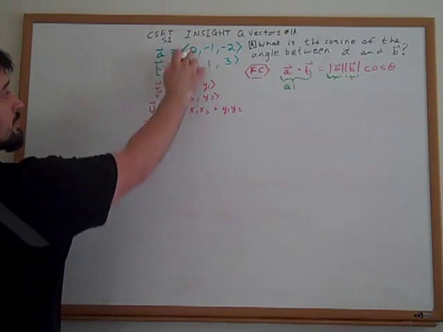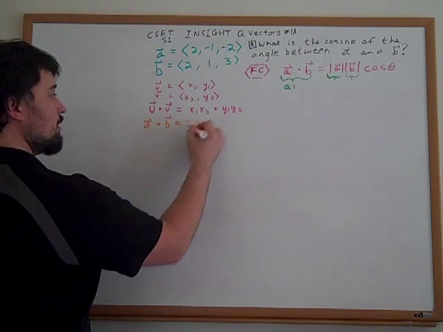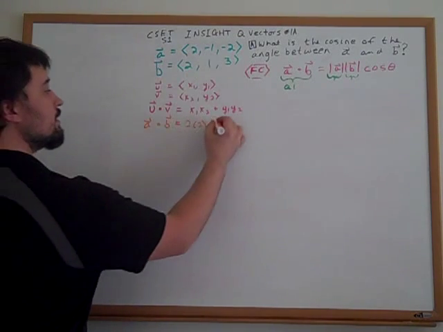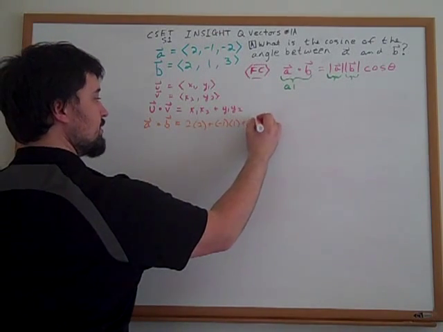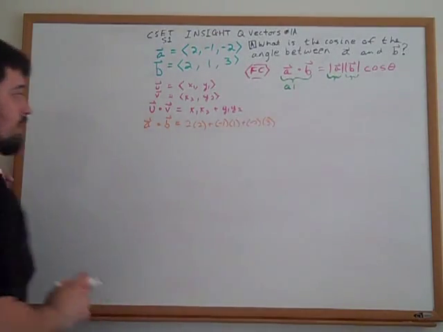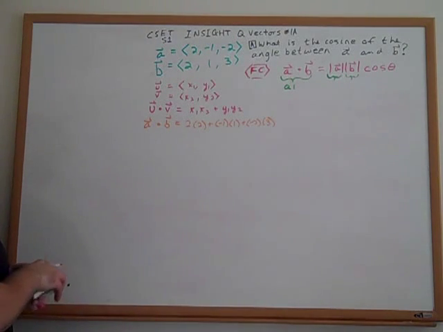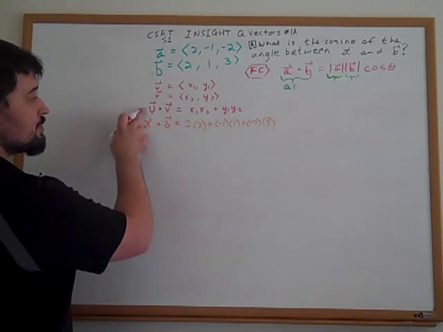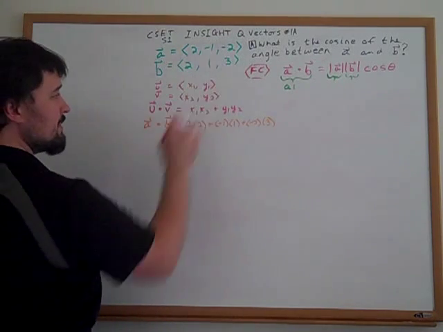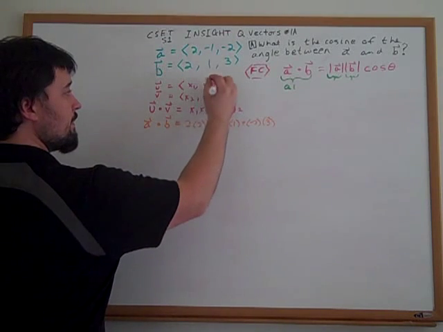Applying this specifically to our question now, what we see is that A dot B equals 2 times 2 plus negative 1 times 1 plus negative 2 times 3. If you're paying any attention, you'll notice that I wrote the dot product's definition out with two variables. If we have a third dimension, it's easy enough to add that.